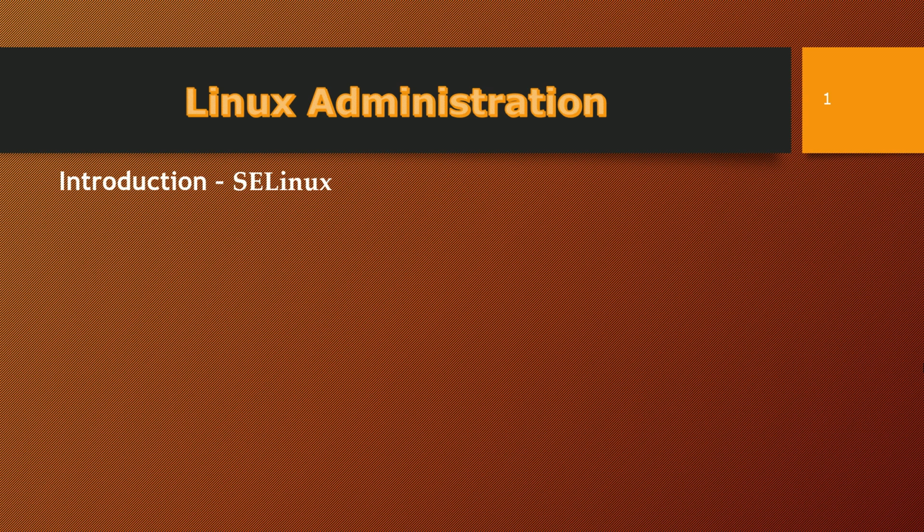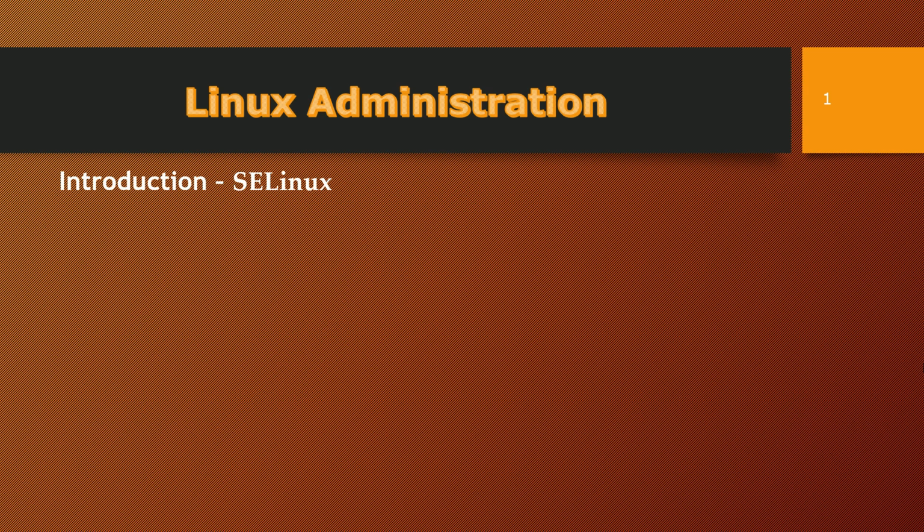So basically SELinux is a security feature of the Linux kernel, and it is designed to protect your server against hackers, misconfigurations, compromised daemons like your FTP, HTTP, Samba, SMTP daemons, and from malicious attacks as well.